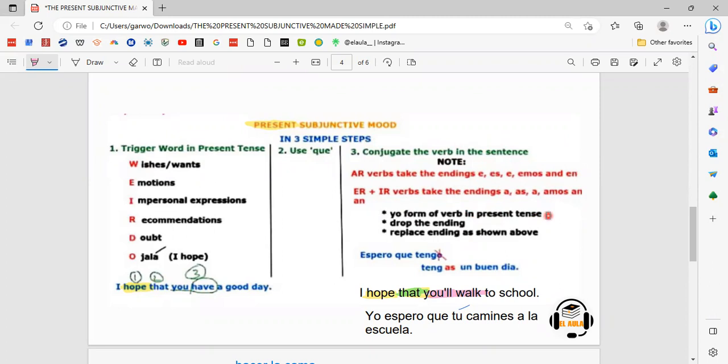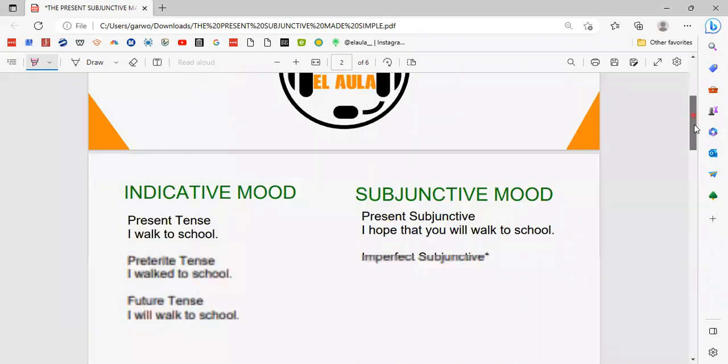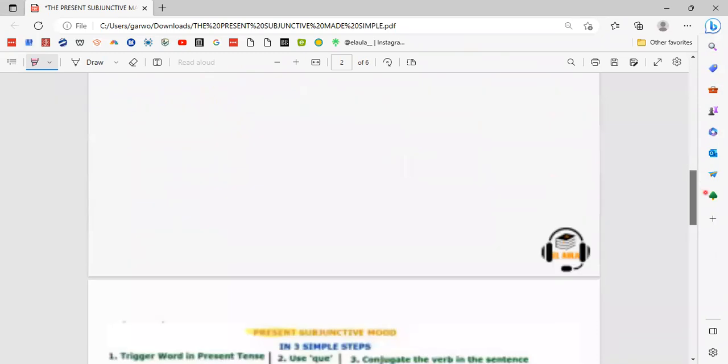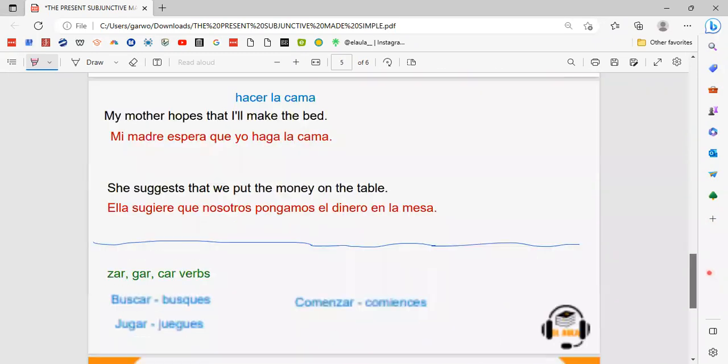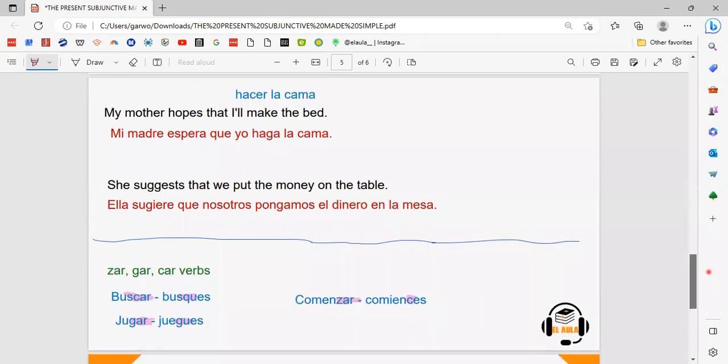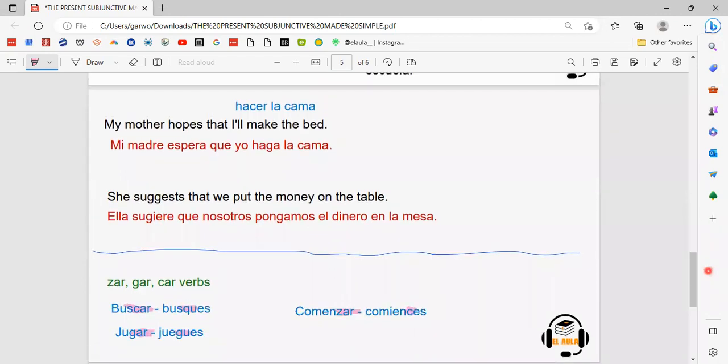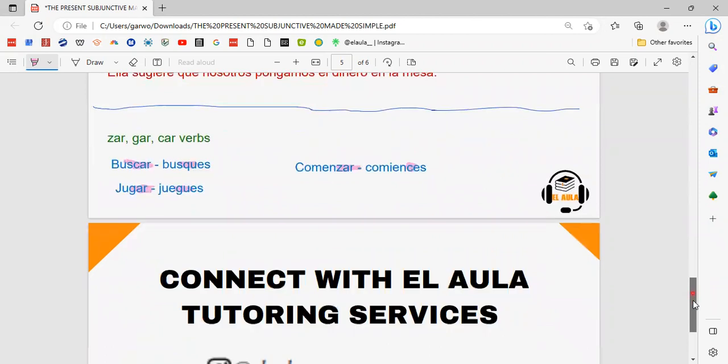Because if you don't remember the yo form of a verb, then your entire conjugation is going to be thrown off, right? So I really hope that this review helped, that it was clear, that you feel a bit more comfortable with the present subjunctive mood, right?